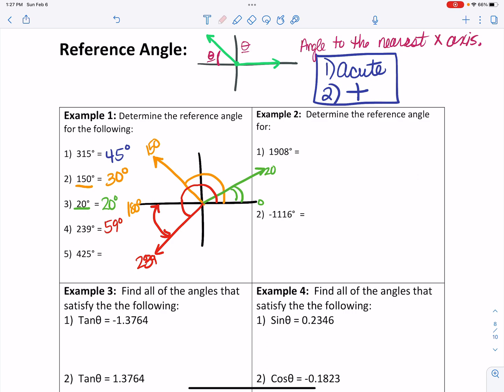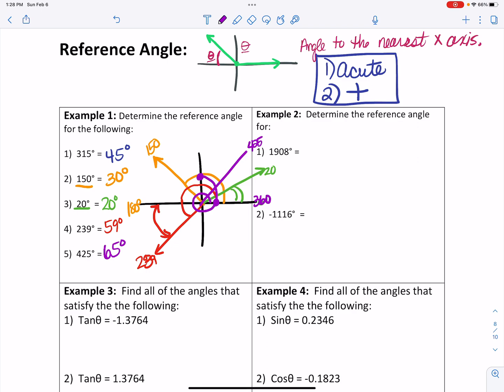Okay, and then probably the hardest one to see because you're going to go more than 360. And then if I add 90, right here would be 450. So that means 425 had to happen somewhere in here. So the nearest x-axis is 360. So 425 minus 360 is 65. So this answer is 65 degrees, okay?